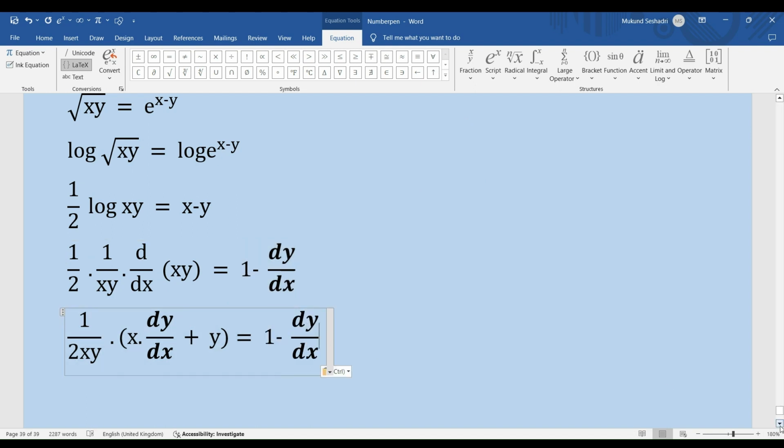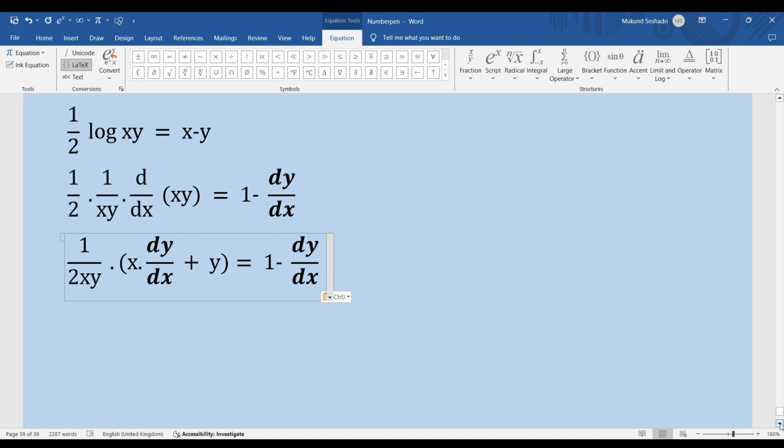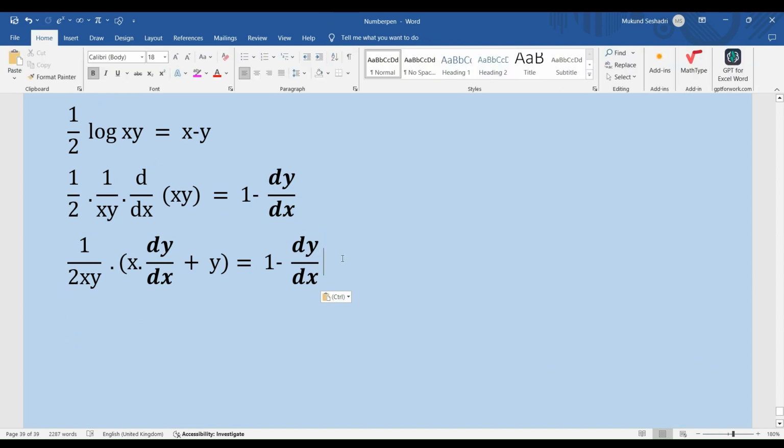Now I see I have a dy by dx term on the left hand side. I have a dy by dx term on the right hand side, right? So let me do a little bit of rearrangement so that I can express my final dy by dx, right? And how do I do that?